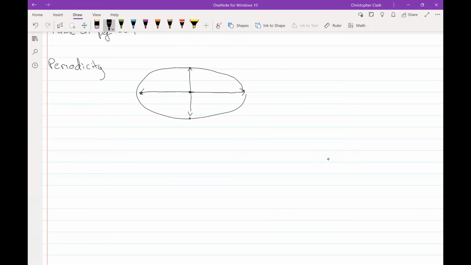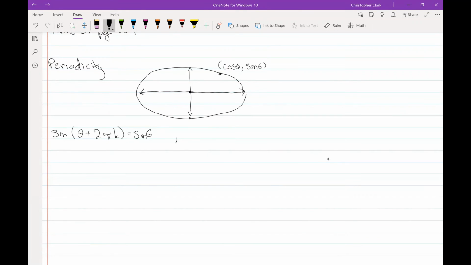And this is true for both sine and cosine, right? If I start here, I have some cosine value. This is some point, which we'll write as cosine theta, sine theta. And if I go 2 pi around, I'm back. I go 4 pi around, I'm back. 6 pi, so on and so forth. So what this means is that sine of theta plus 2 pi k is equal to sine theta.